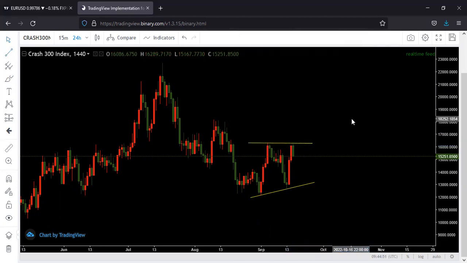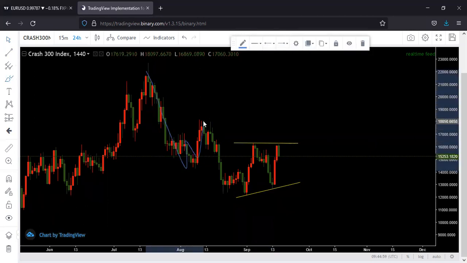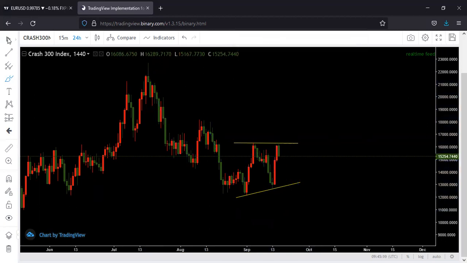Now you see we have a good structure here. It is impulsive, correction, then impulsive, correction. You know what is next: an impulsive move to the downside, and this is possible.